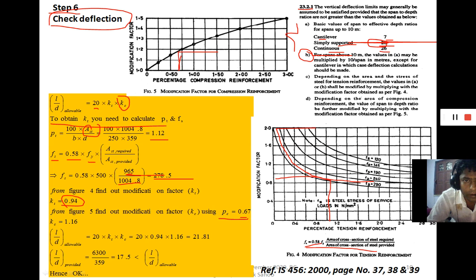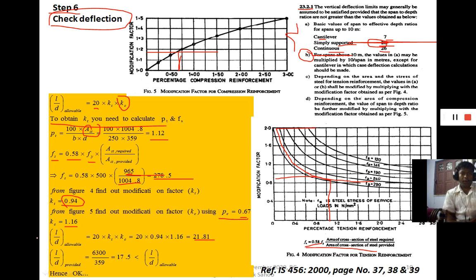Draw the vertical line and project it, and we see approximately 1.16. Now the values are multiplied with the allowable limit 20, so we get 21.58.